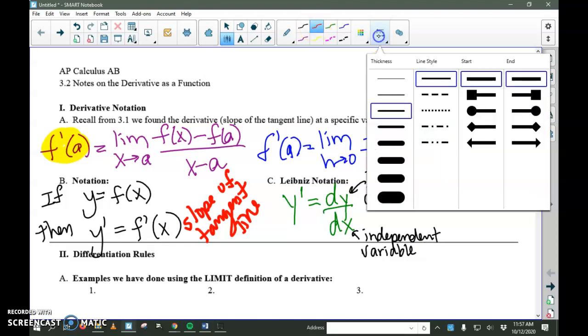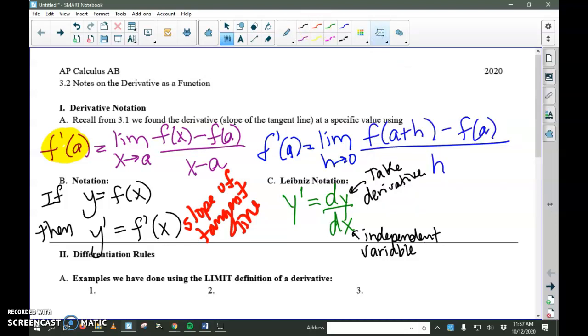Other ways that we can write this notation, y prime equals dy dx. We could also say y prime equals df dx, right? And so when I say take the derivative of y, or my function could be f, or it could be g, dg dx, okay? Or you could say that y prime is equal to d dx, and then actually write what that function is, f of x, next to that. We're going to see that notation today as well. Okay? So these are just notational things that you need to be aware of.